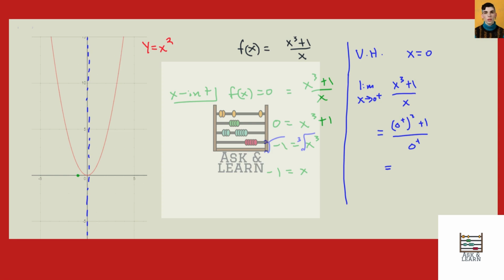Now something from the right is going to be positive if we cube it, so that's still going to be 0 from the right, plus 1 all over still something 0 from the right. So adding something coming from the right of 0 and 1 would just give 1. So we have 1 over 0 from the right, and so that would go to positive infinity.